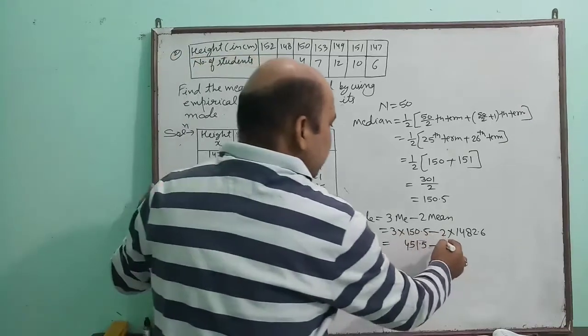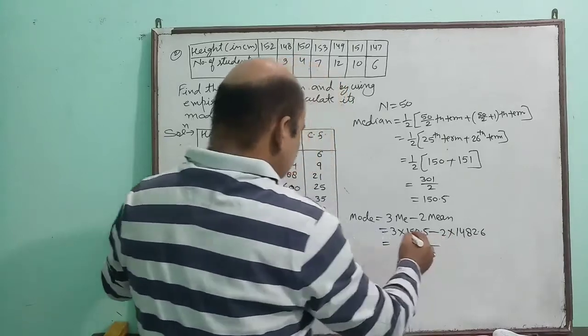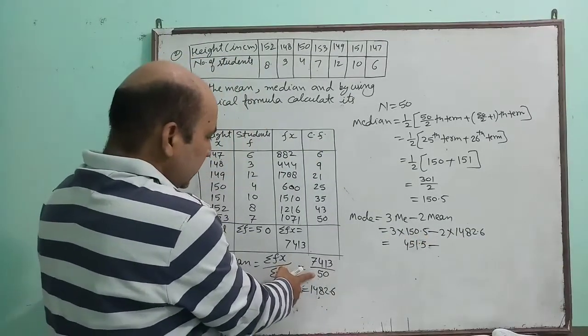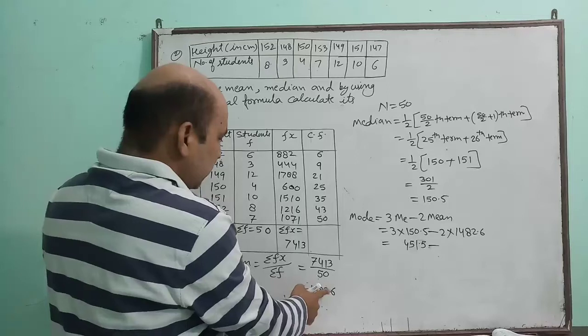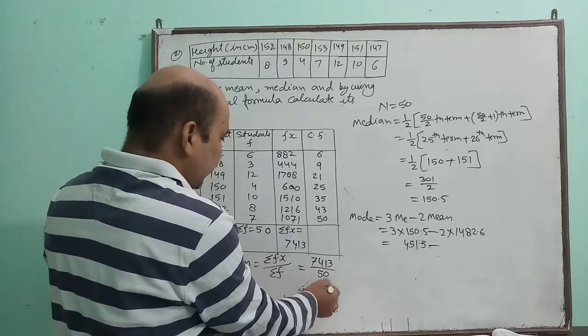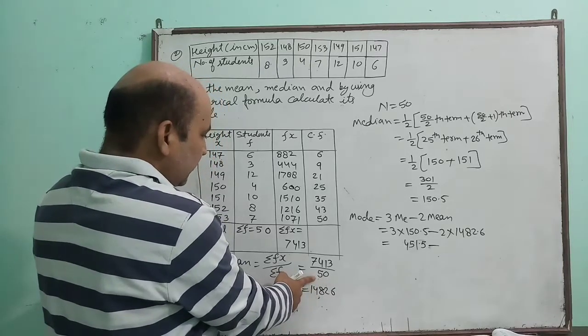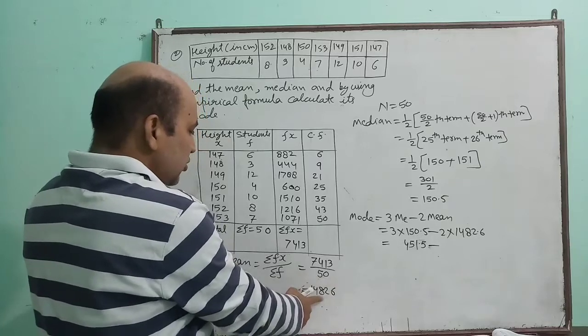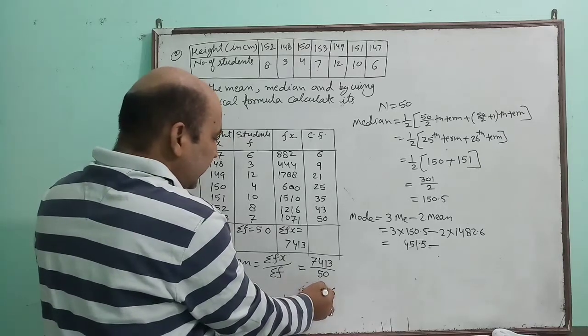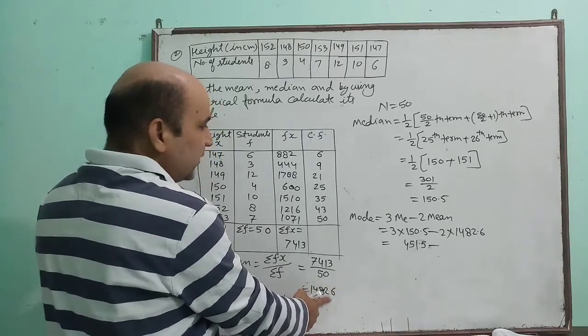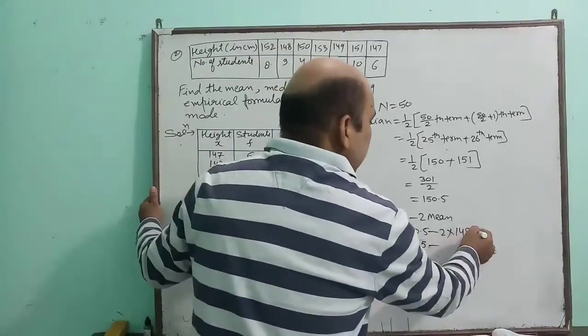See children, here the answer is coming in decimal, it means something is wrong. Just check it once. When 5 will divide this number, yes, the decimal will be put here, because 10 is also there, no? So when we divide 50 into this, it will come 148.26.